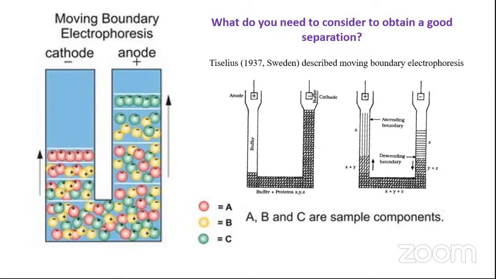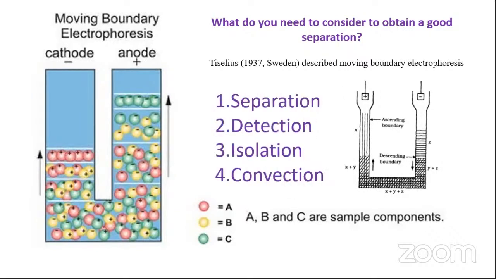When you carry out this moving boundary electrophoresis, how does the migration take place and what complications result? First of all, there are challenging aspects related to separation. There is no complete separation, as we saw in the last class, and you can see in this depiction that there is no complete separation.